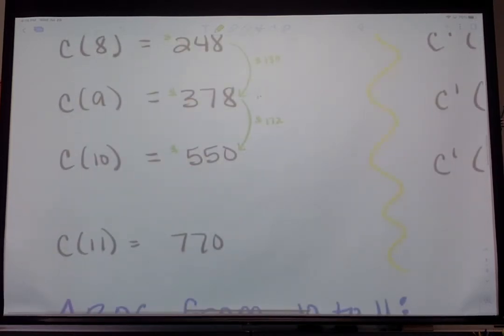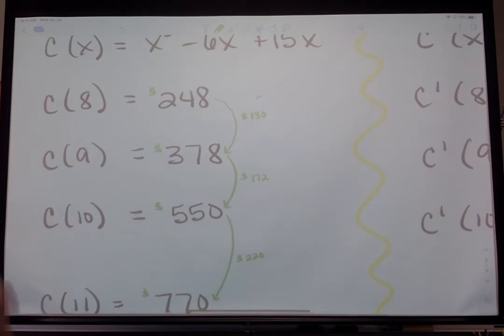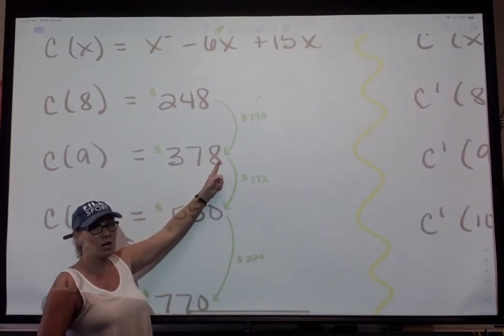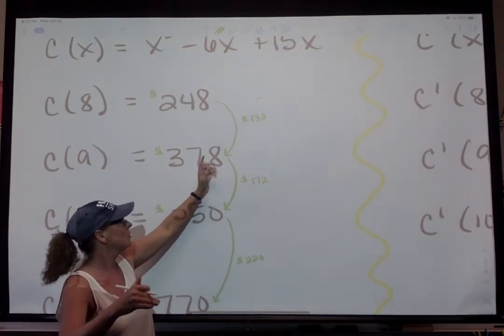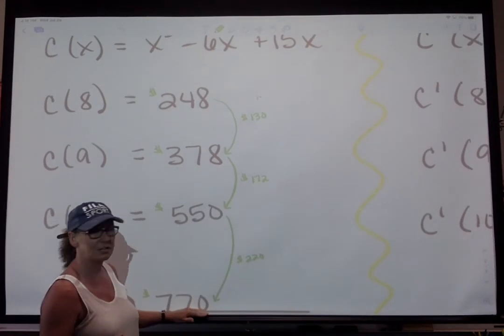And from the 10th radiator to the 11th radiator, the cost went up $220. So the cost increased from here to here. The cost increased even more from here to here. The cost increased even more from here to here.